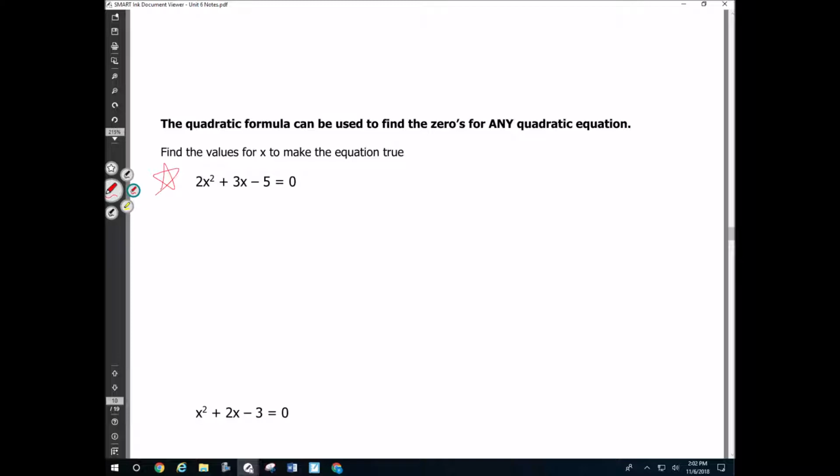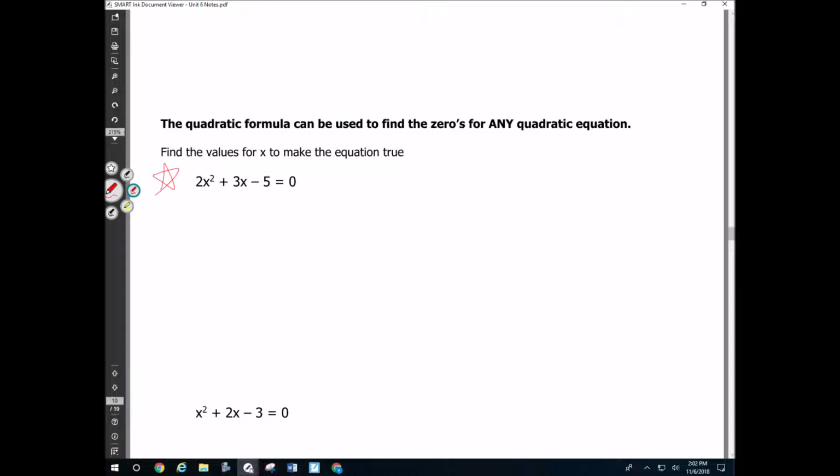Does it have just x squareds? Nope, it's got x squareds and x's. So, our first attempt would be to do what? Factor, right? Because we can't try to isolate x if I have x squareds and x's.